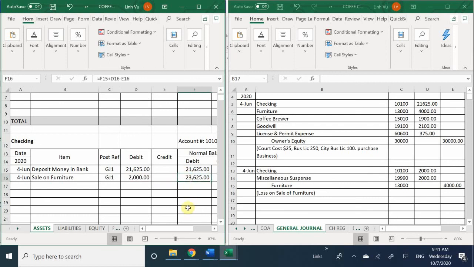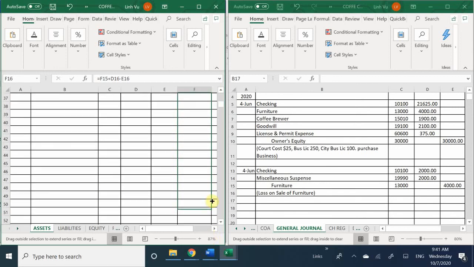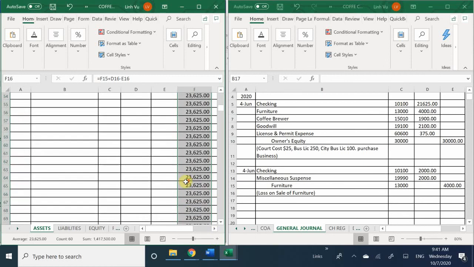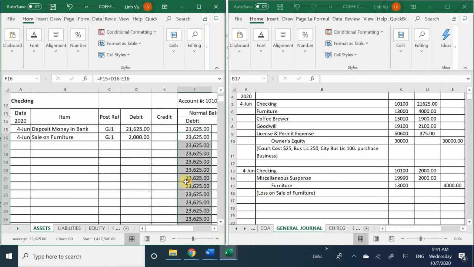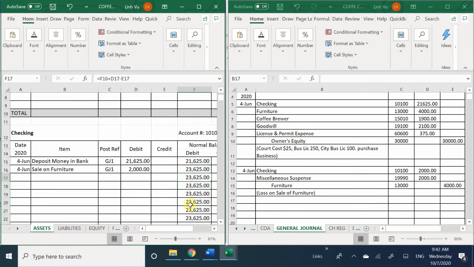And here it automatically calculates the grand total of 2,000 added to my 21,000. With that being said, I can also drag that formula all the way down to the bottom of my actual table. By doing that, it automatically fills in my whole running balance as $23,000 and 23,625, right?